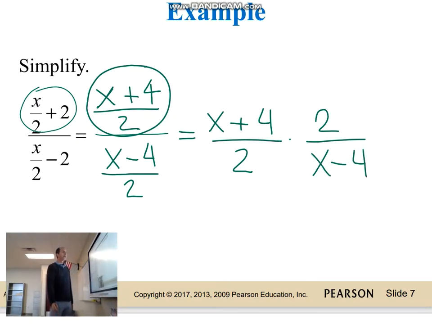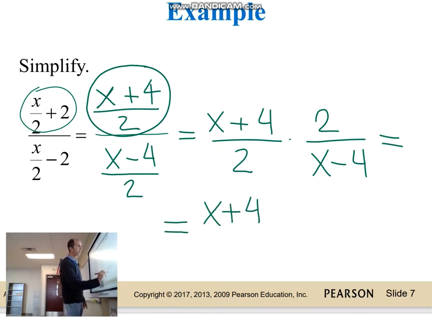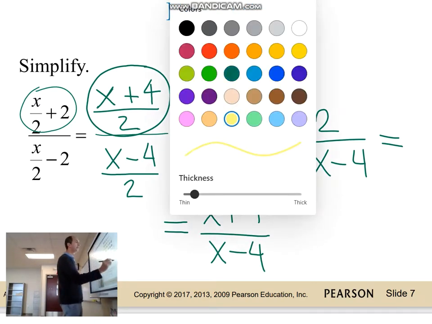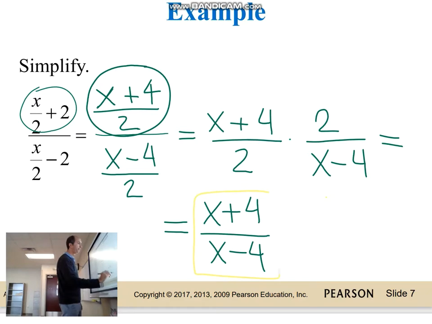It becomes a multiplication, and this equals x plus 4 over x minus 4. That is the solution. This is how you solve using the first method.